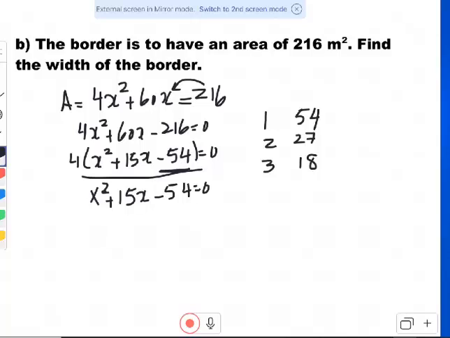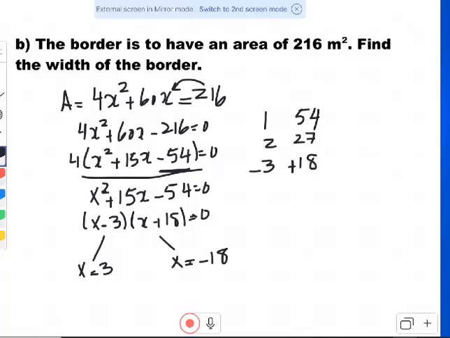So if I make this one negative 3 and this one plus 18, 18 minus 3 is 15, 18 times negative 3 is negative 54, so I get x minus 3 times x plus 18 is equal to 0. This gives me two answers. From here I get x is equal to 3. From here I get x is equal to negative 18. Since x represents the width of the border, and it can't be negative, this is not acceptable, so the answer is x is equal to 3.